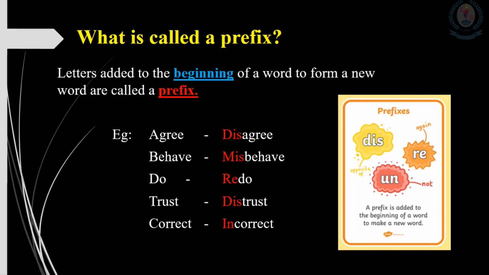And here you learn about prefixes. Prefixes are a letter or group of letters added to the beginning of a word to form a new word. Right. Now I hope that you all got a clear idea about the term prefix.